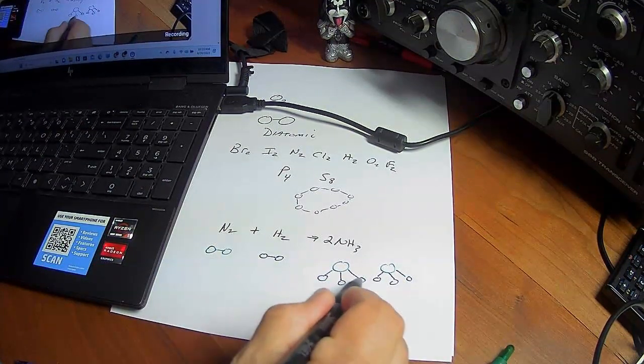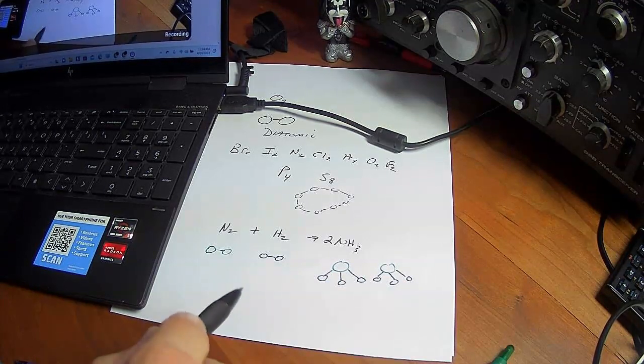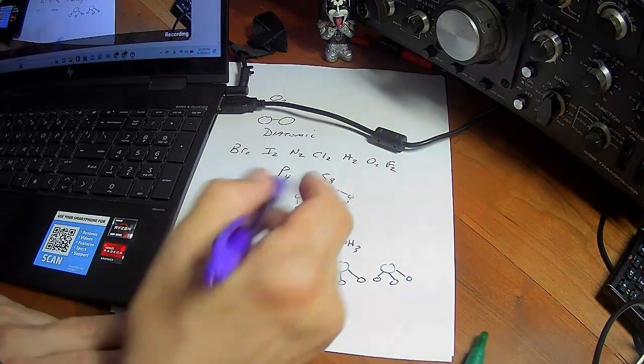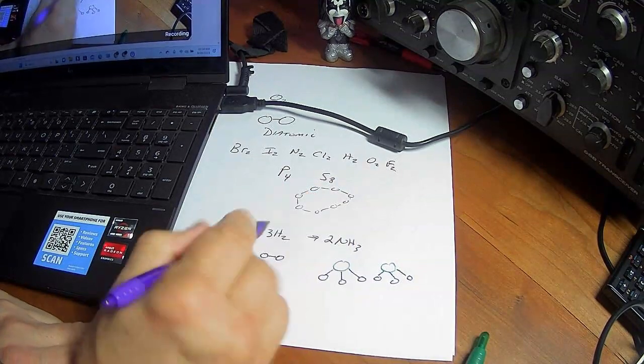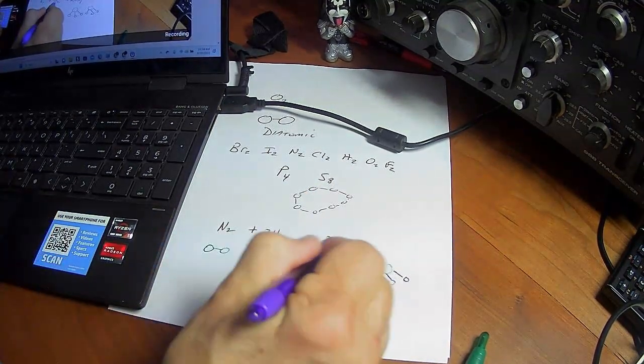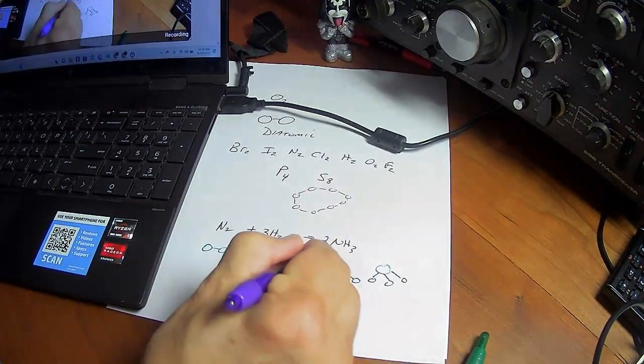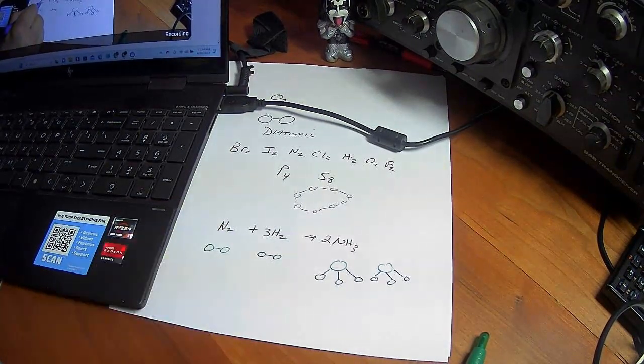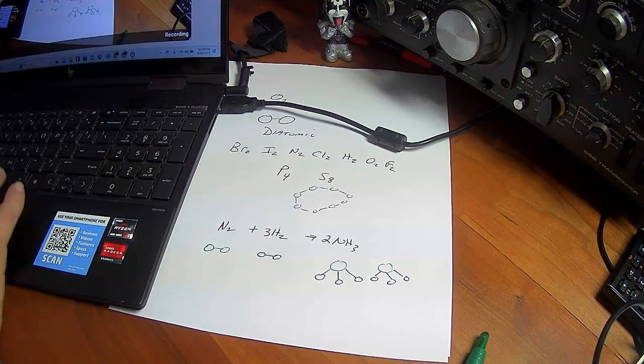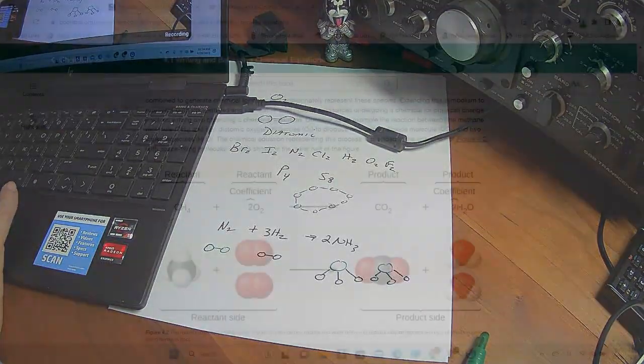But I've got 1, 2, 3, 4, 5, 6 hydrogens now. So what am I going to do? I'm going to put a 3 here because 2 times 3 is 6, and 2 times 1 is 2. I've got 2 on that side. So everything is balanced. And that's what you're going to need to do when you start looking through these equations.